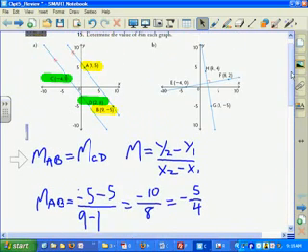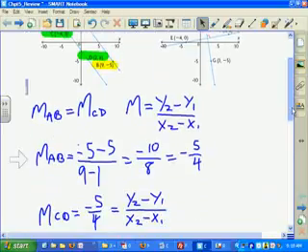If we're looking at this, it involves a lot of things. It involves being able to interpret your graph, recognize the fact that we have parallel lines, and recognize the fact that when you have parallel lines, their slopes are the same. So that's a key point. That's a key theme of the chapter.